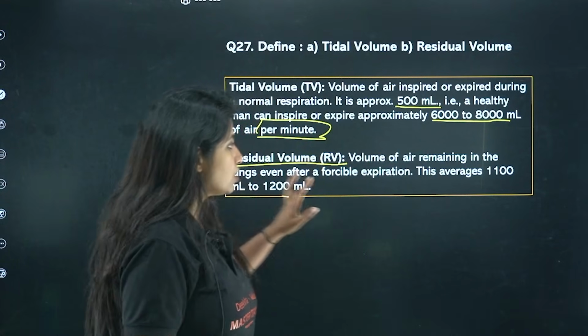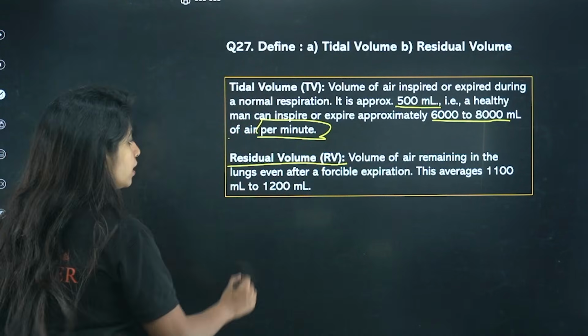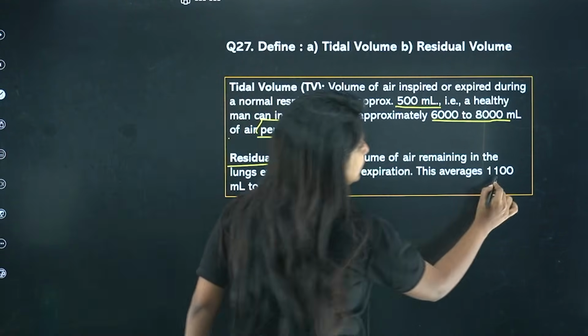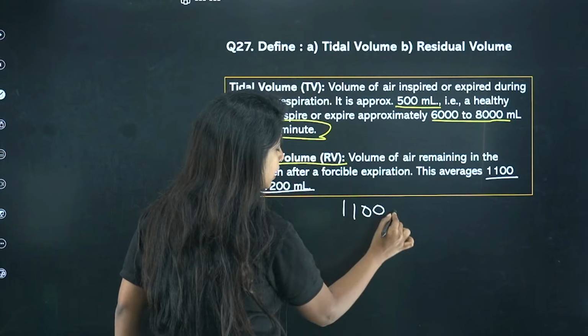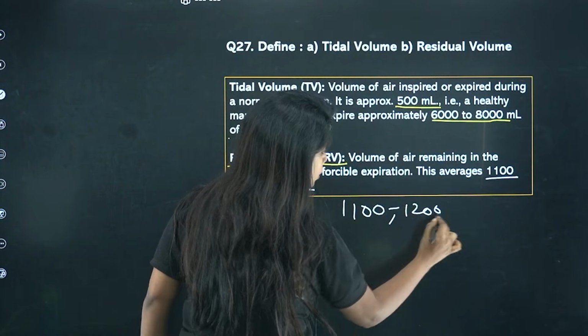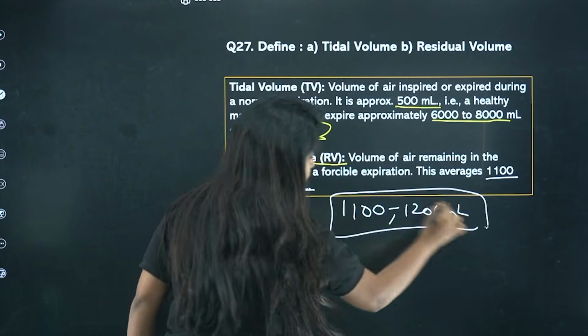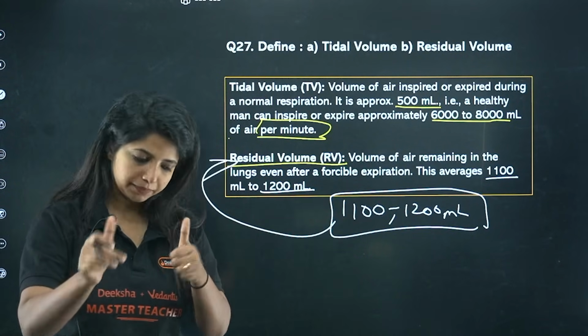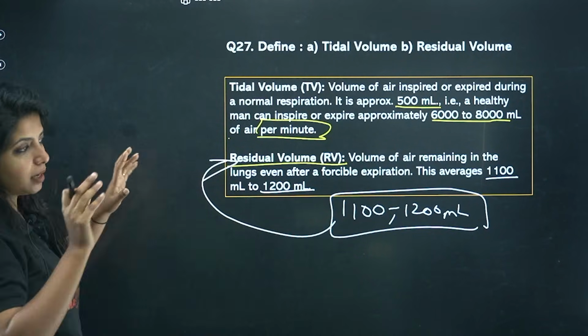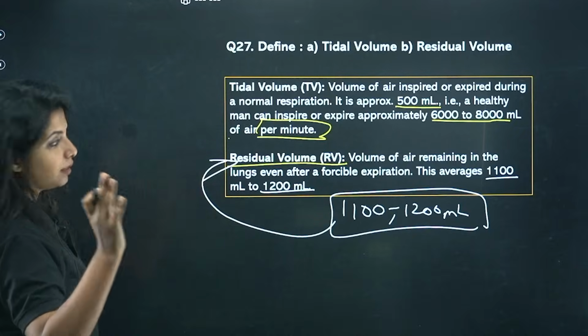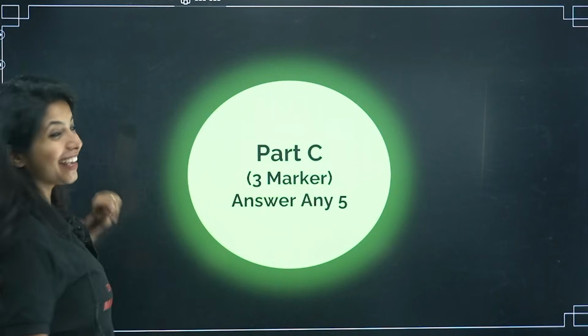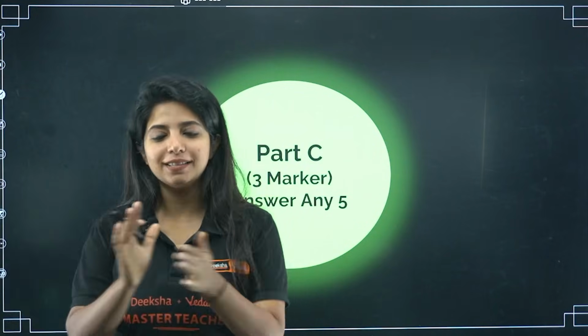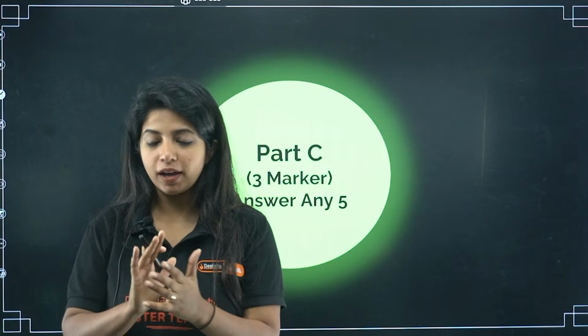So the average is 1,100 to 1,200 milliliter. Will you forget this? This is the residual volume. Okay, done. Tidal volume is 500 and per minute it is 6,000 to 8,000. Cool. Next.